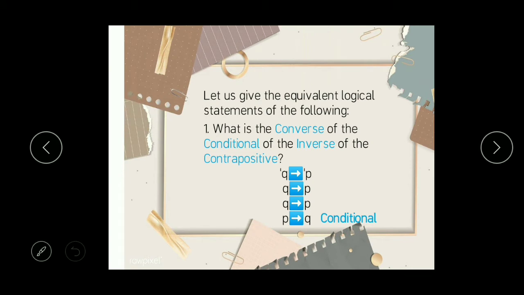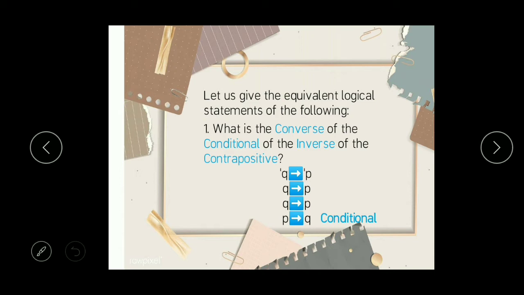Let us have an example here in order for us to know how to give the equivalent of a specific logical statement. Number one, the problem is: what is the converse of the conditional of the inverse of the contrapositive?